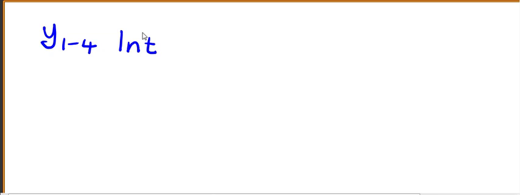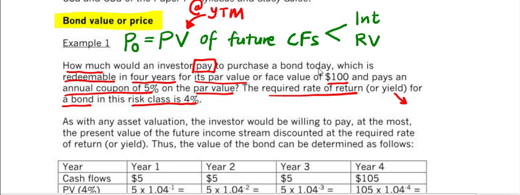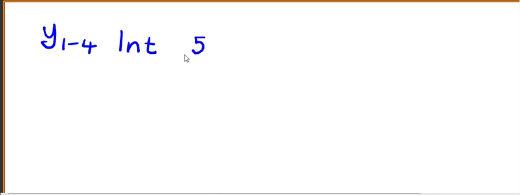You're going to receive interest, and you must remember the interest is always calculated as the coupon rate multiplied by its par value, which is 100. So in this case, you are going to get interest of $5, and on the very last day, year 4, you are going to get a redemption value, which is $100.